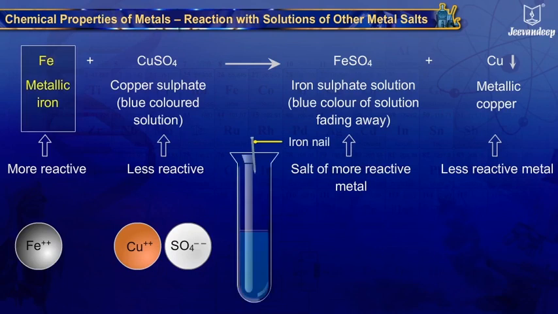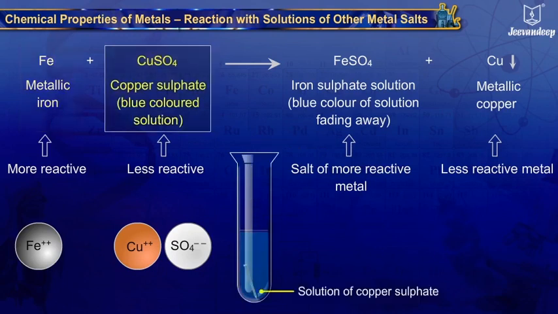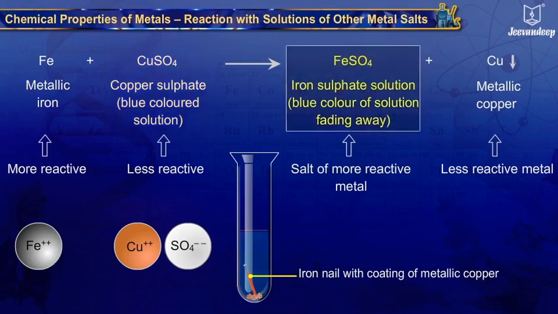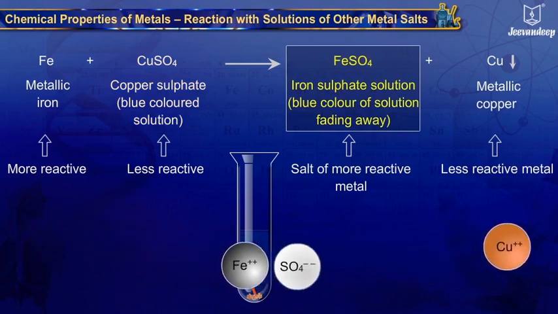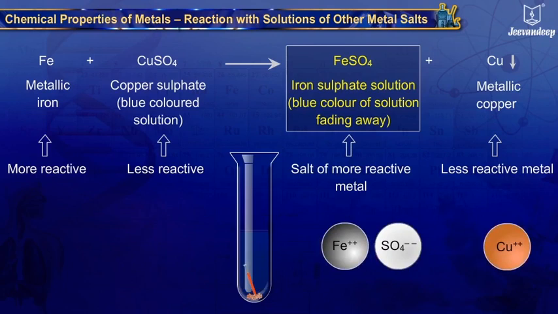When an iron nail is put in a solution of copper sulfate, the iron nail gets coated with reddish-brown copper, and the blue color of copper sulfate solution fades away. Iron is more reactive than copper and displaces it from copper sulfate solution.